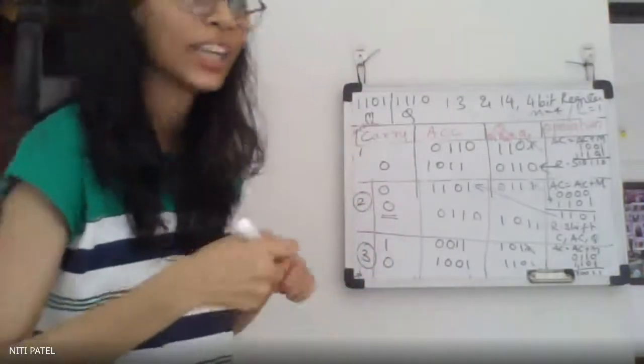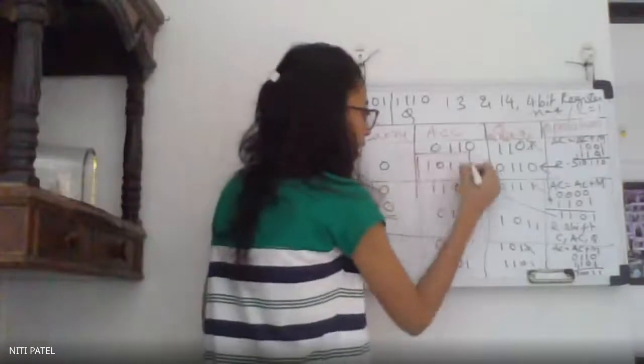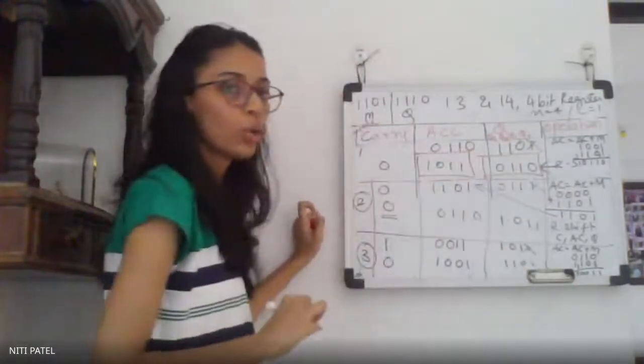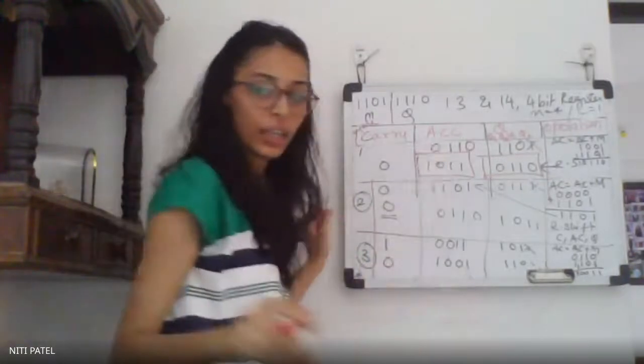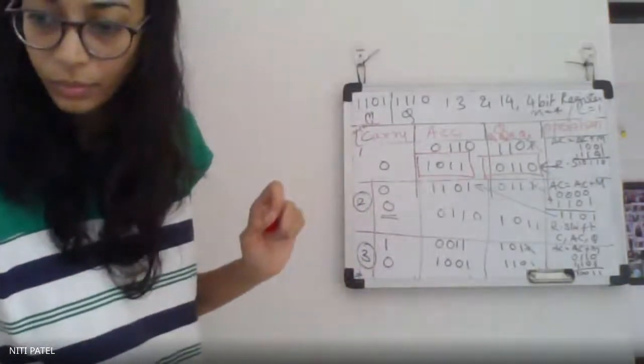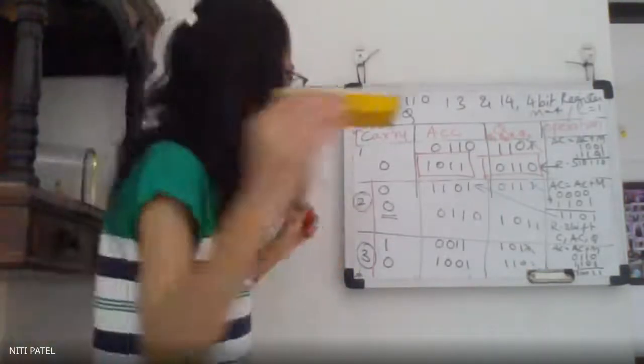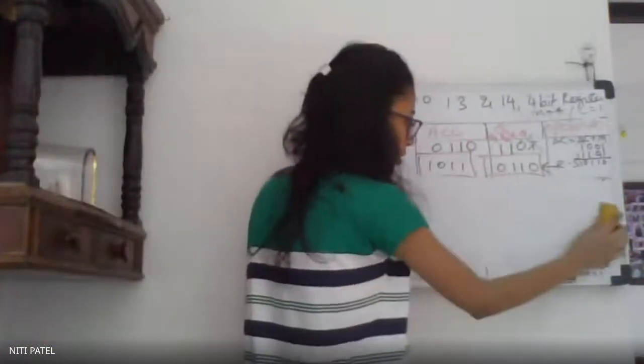So what is your final result? The contents in AC and the contents in your Q are considered to be your final result. So how are you supposed to write the result after you finish this step?